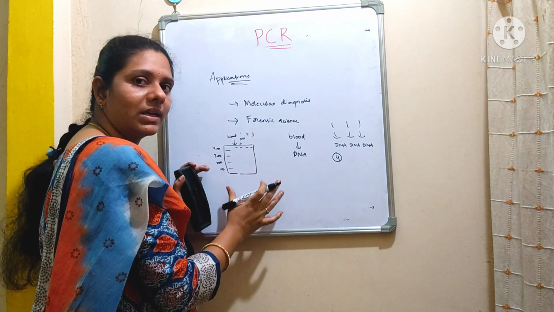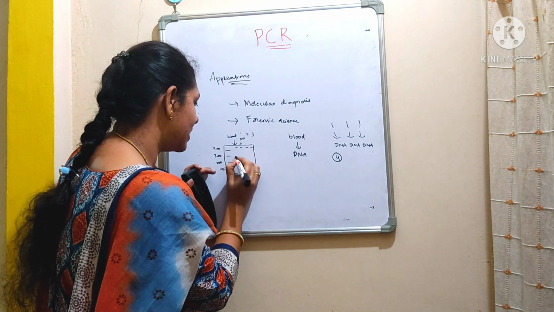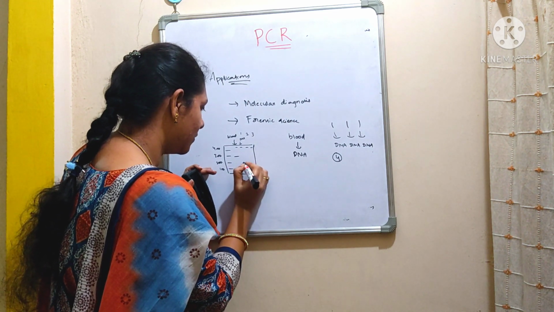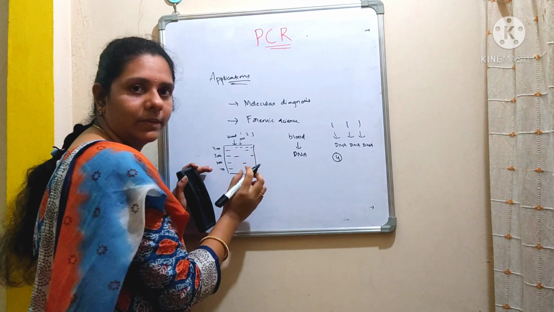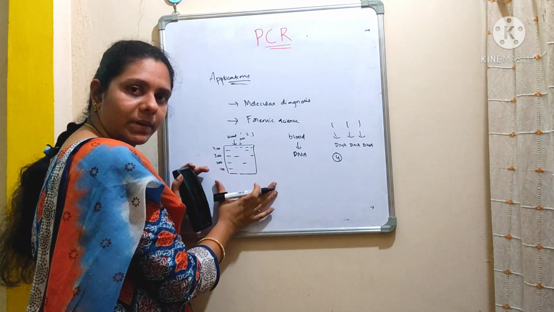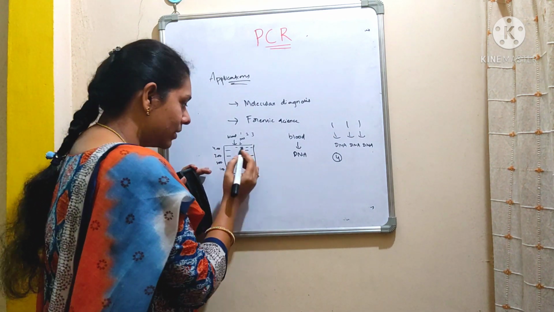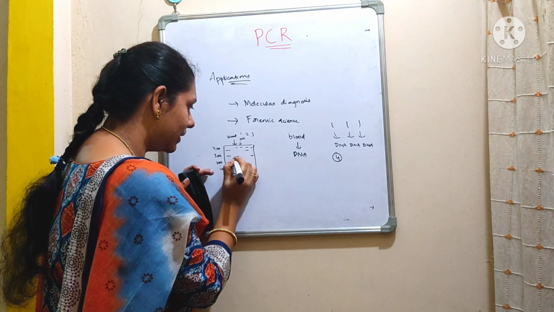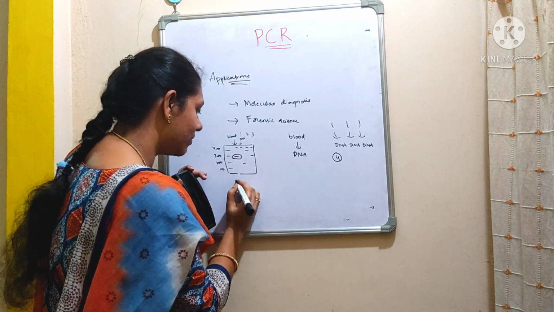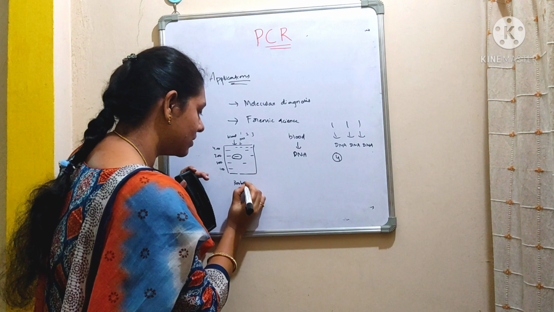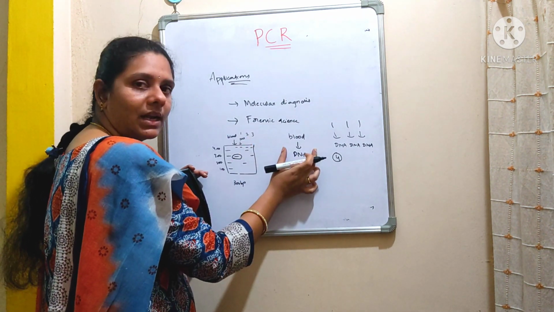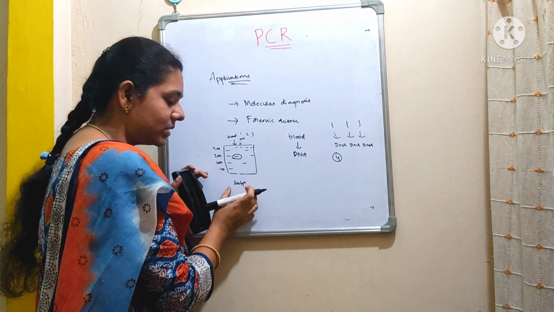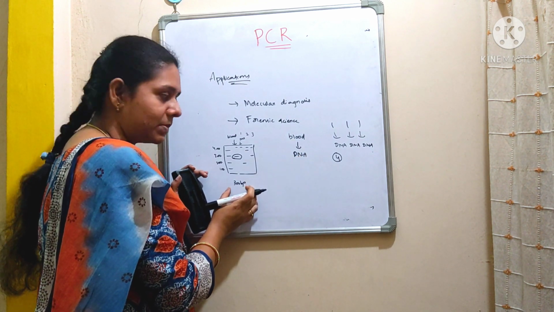After you run the gel, you got one band here, one band here, one band here and one band here. If you look into the picture of this gel, you got a DNA band of 300 base pairs. This is the DNA that was isolated from the blood that is collected from the crime scene, which is of 300 base pairs.